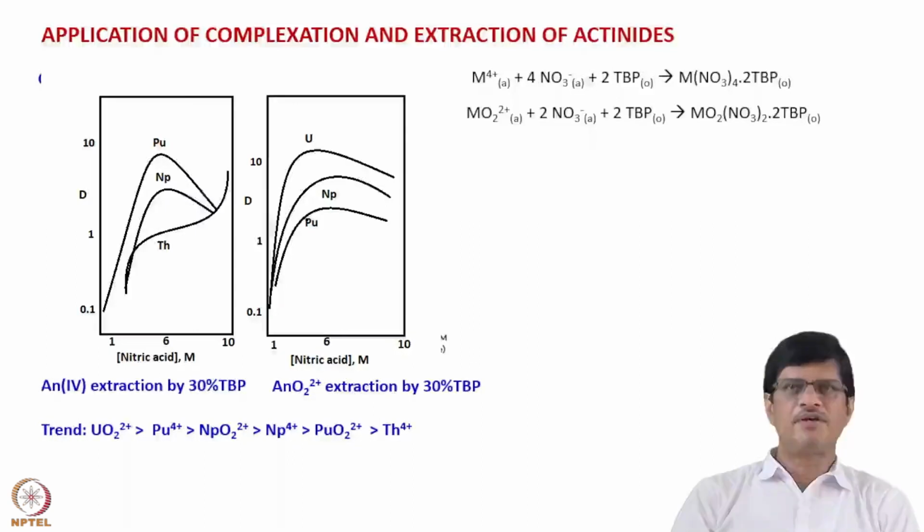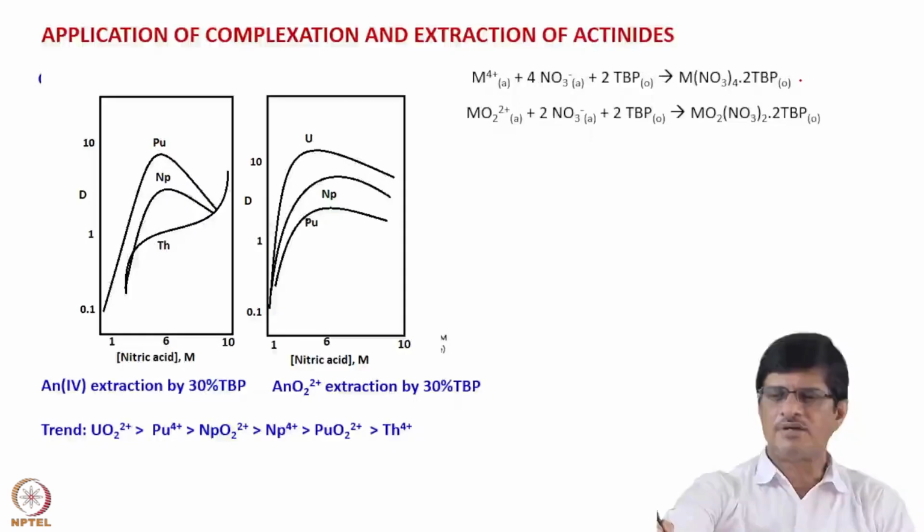And the left side figure gives the extraction of tetravalent actinides by 30% TBP. The extraction equilibrium for this is given here.